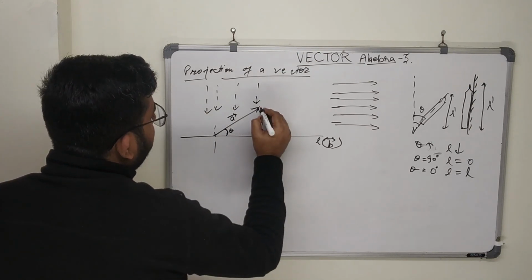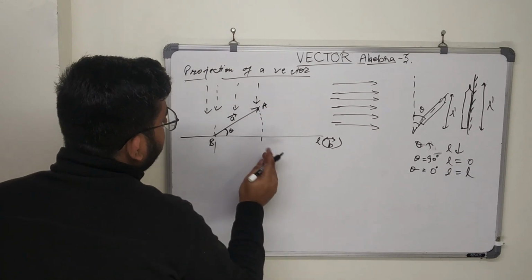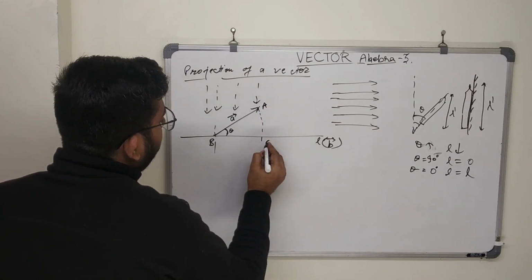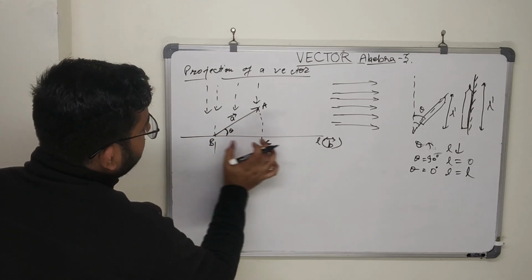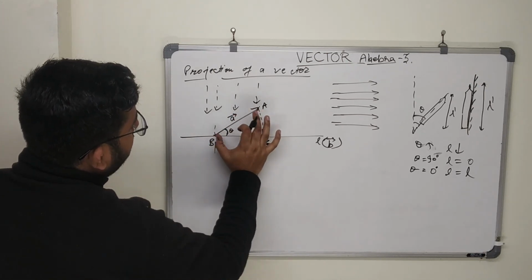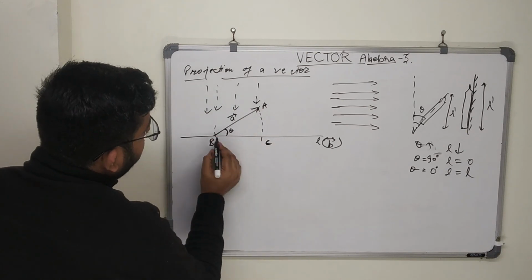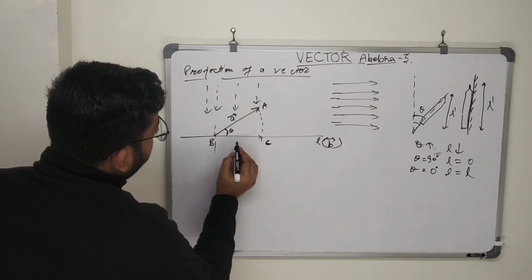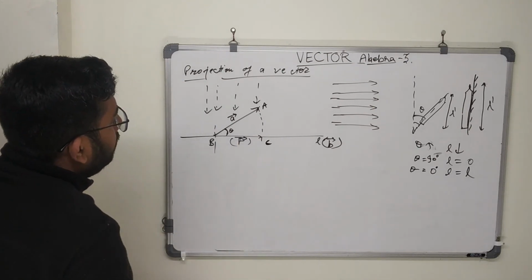Suppose that this is the point A, this is the point B, and this point may be called as C point. तो इस केस में भी यहाँ पे एक प्रोजेक्शन बनेगा, the AB vector का एक प्रोजेक्शन बनेगा. You may call it as P vector, that is projection vector.